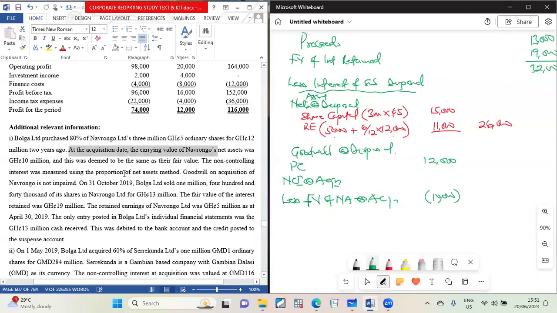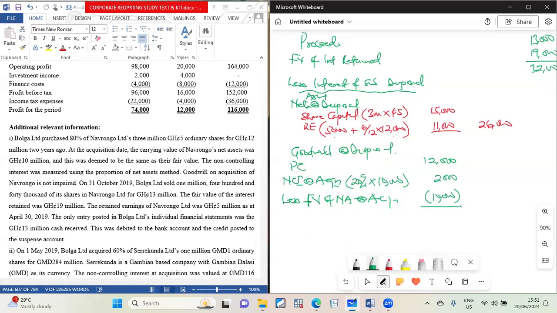So if it is proportionate, then we are going to do 20% as at the time, that percentage of this same value. So it's 20% of the 10,000. So 20% of this one is 2,000, right? All right, so that is how we get our goodwill.